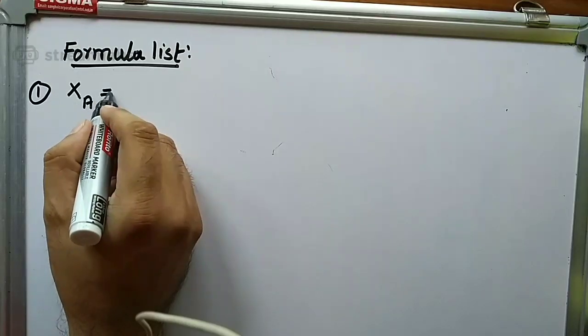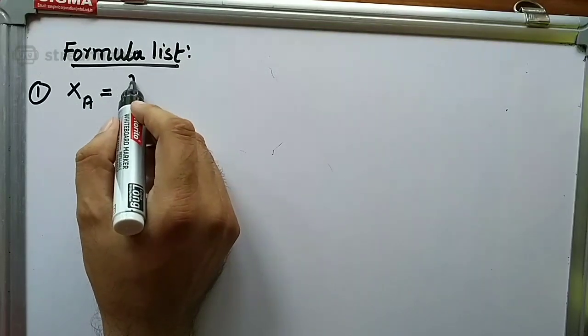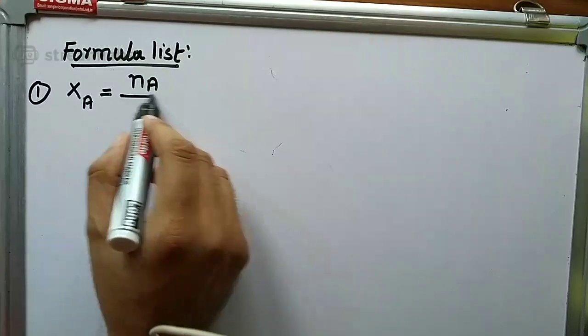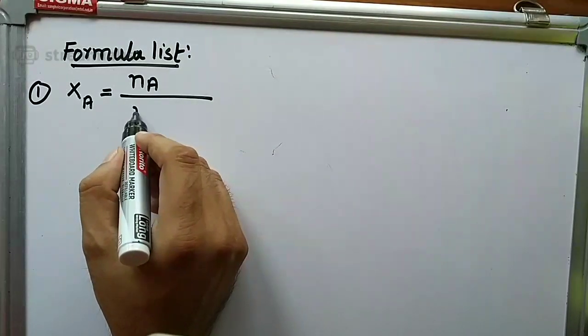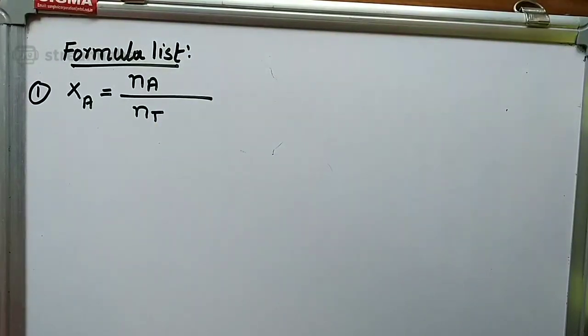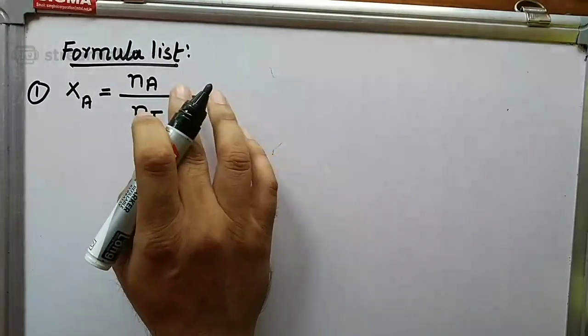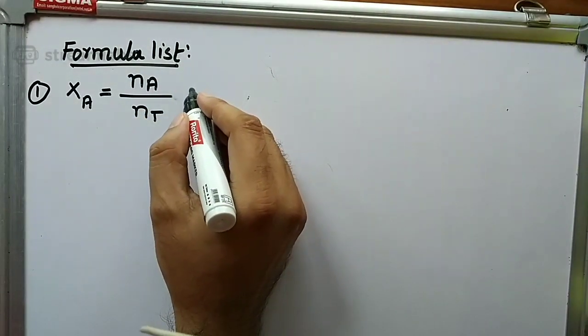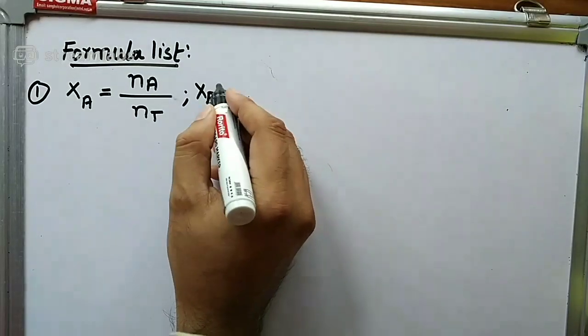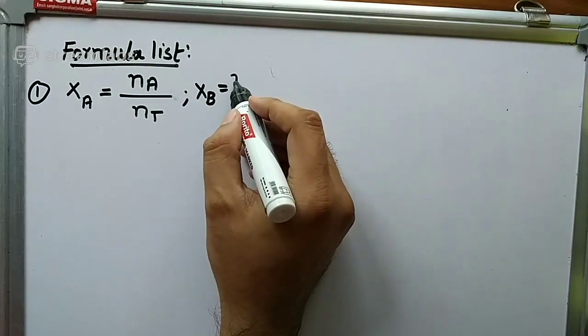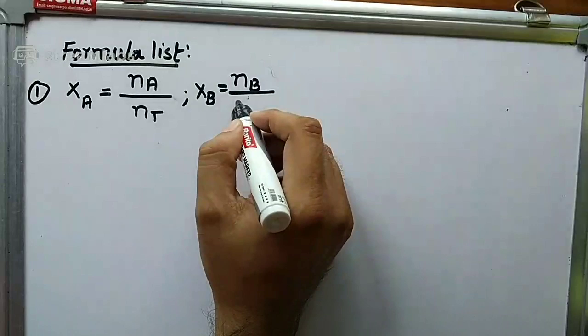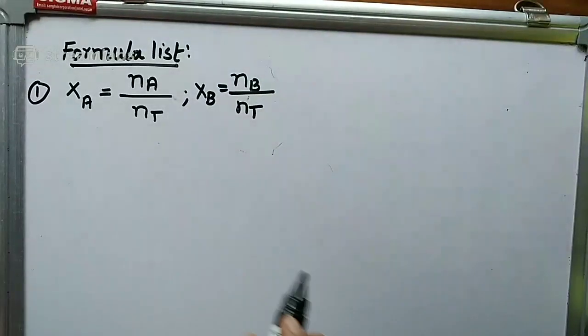Mole fraction of A will be equal to number of moles of A divided by total number of moles, I'll write as nT. Similarly, mole fraction of B will be equal to number of moles of B divided by total number of moles present in the solution.